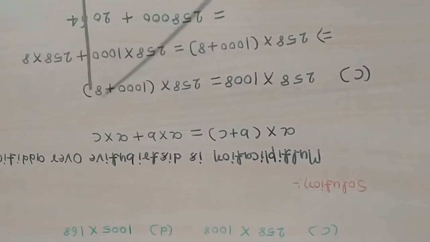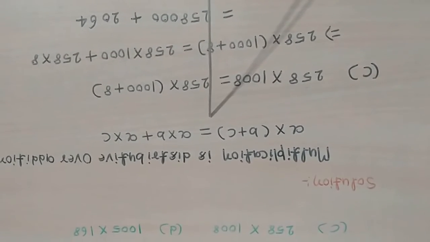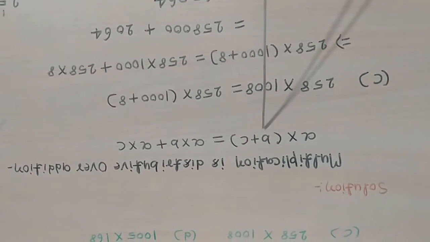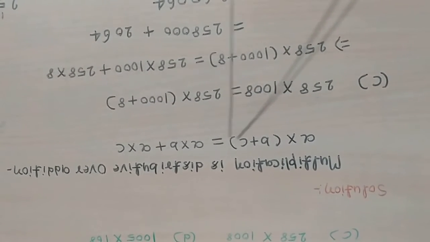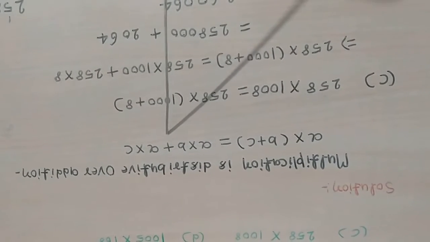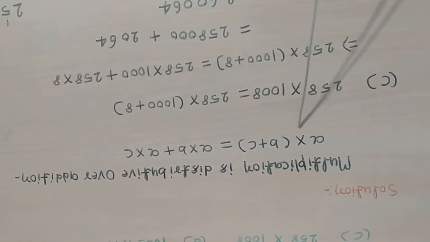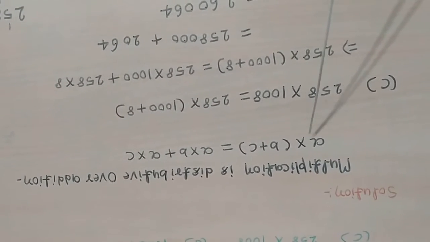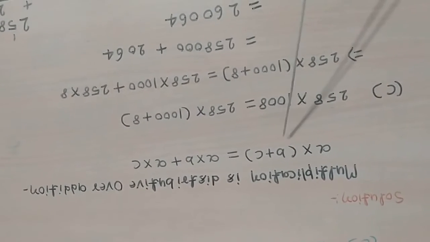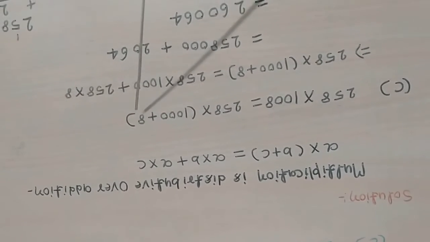Now we apply these properties. Multiplication is distributive over addition: A into B plus C is equal to A into B plus A into C. If you compare, you get A is equal to 258, B is equal to 1000 and C is equal to 8.